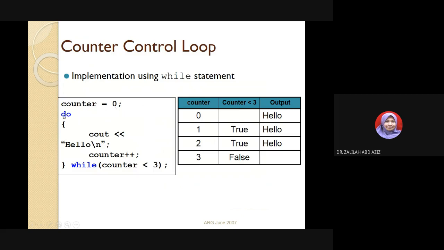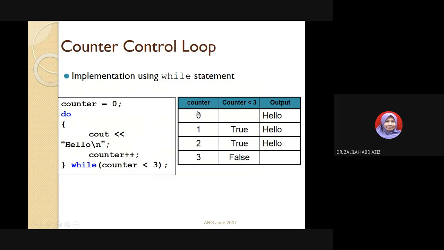Okay, and then terus dia punya syntax do. And then curly bracket. Okay, curly bracket and then kita nak dia display cout hello. And then counter tu akan +1. While counter tu yang kita +1 tadi less than 3, kalau true dia akan pusing balik, dia akan tulis hello.